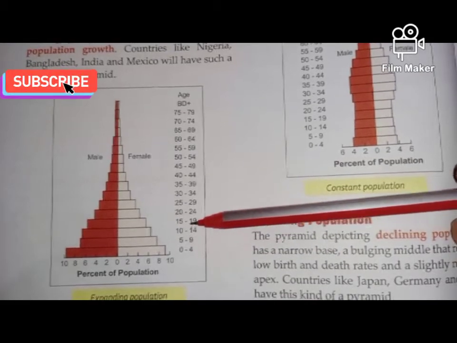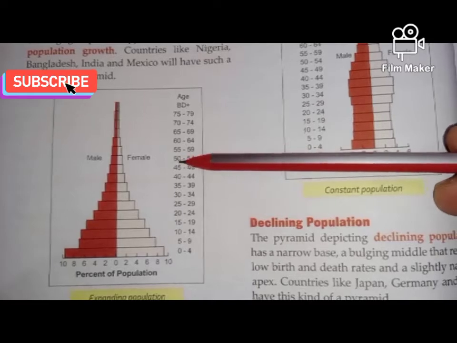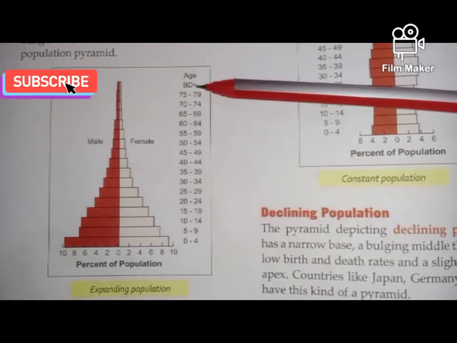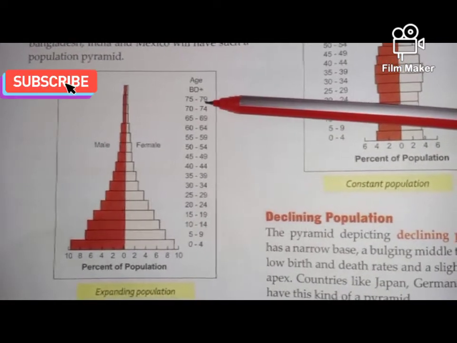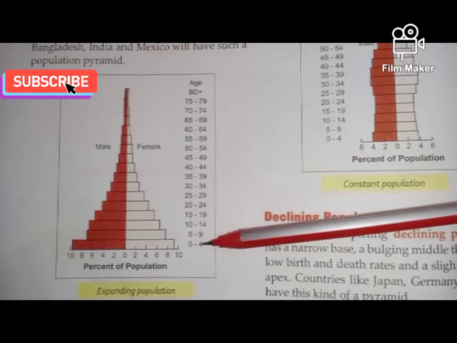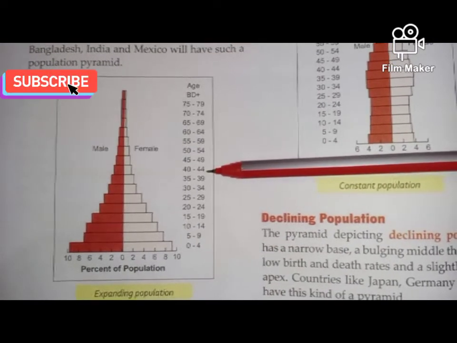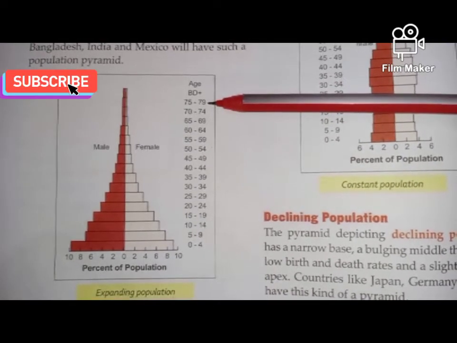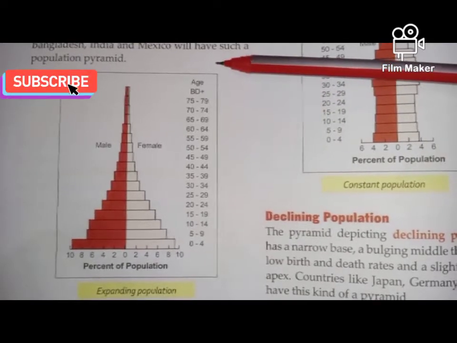It keeps on growing, in the middle approximately it has 50 to 54, and at the end the age group represents 75 to 79. This means youngest at the bottom, then the middle age group, and then the oldest age group, and they are all arranged in ascending order.